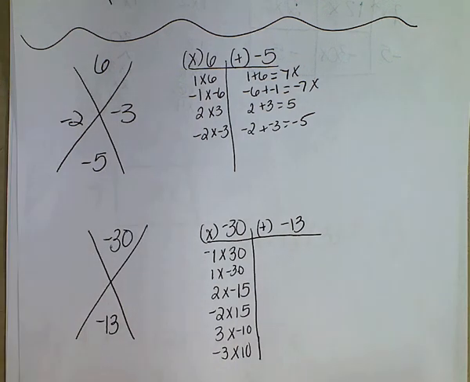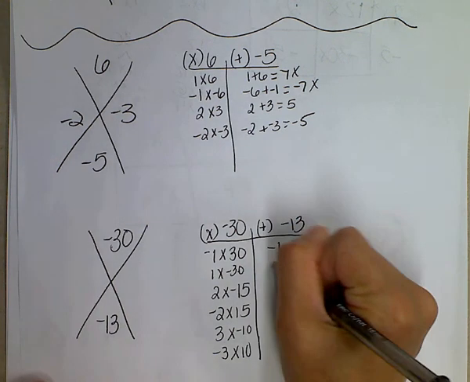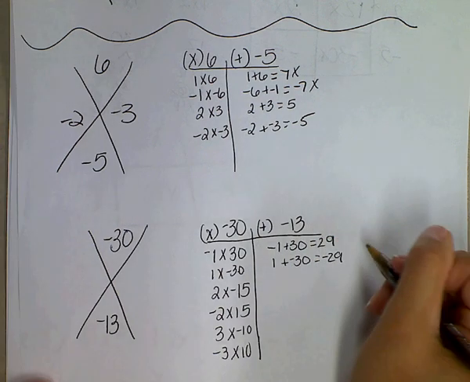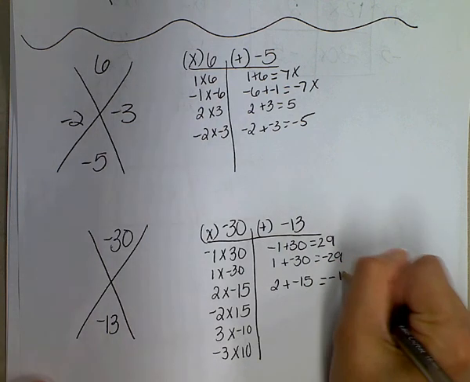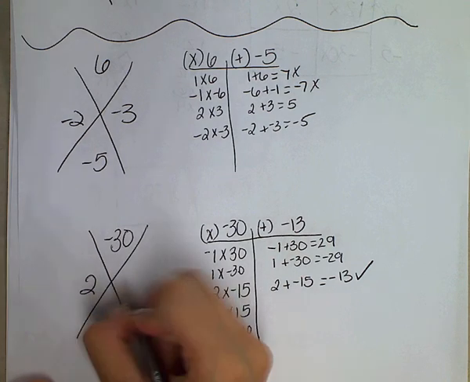I'm going to check these because I think I'm getting close. -1 plus 30 is 29. 1 plus -30 is -29. 2 plus -15, I can stop right there because there's my -13. So I want 2 and a -15.